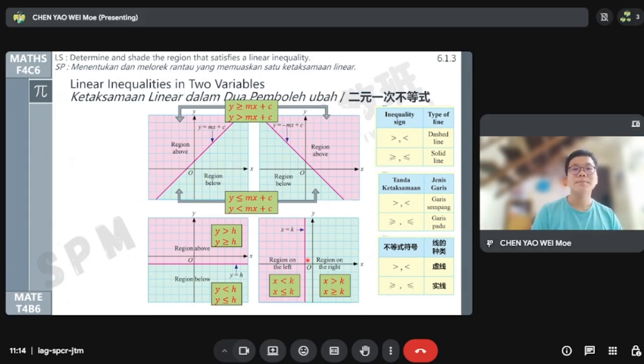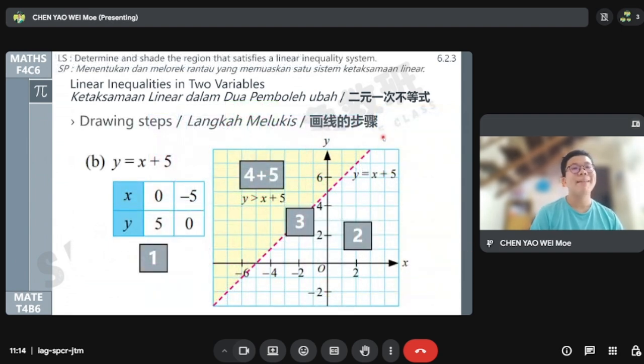How do we draw the line to represent the region? The drawing steps are like this. First, the question given is an inequality: y is larger than x plus 5. First, we need to make it an equation.